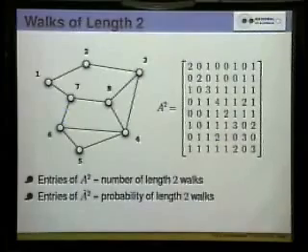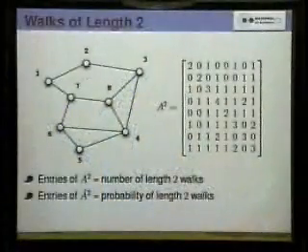Between any vertices i and j, you can count the 2-length walks by just looking at the corresponding entries in A squared. So in that sense, you can think of the adjacency matrix as saying what are the 1-length walks between any 2 vertices, and A to the k tells you what are the k-length walks. So in this case, A squared tells you what are the 2-length walks. So you can do this inductively and do it for any k.